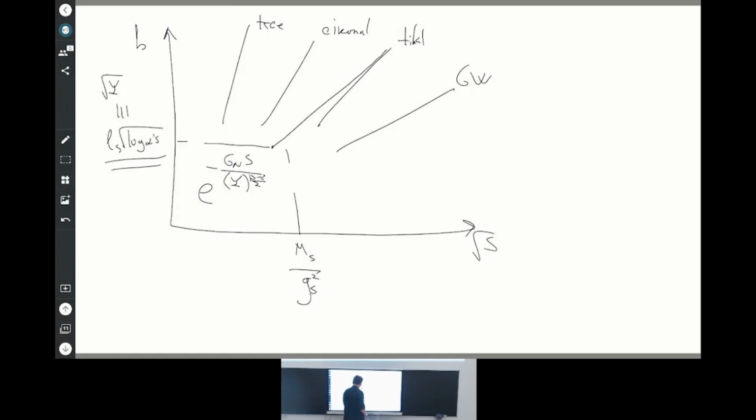So you get roughly, again, some e to the minus S black hole. That's the basic picture: effectively we substitute b with this scale, but then again, things become very, very inelastic.